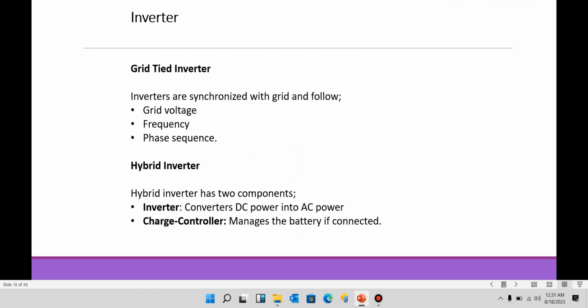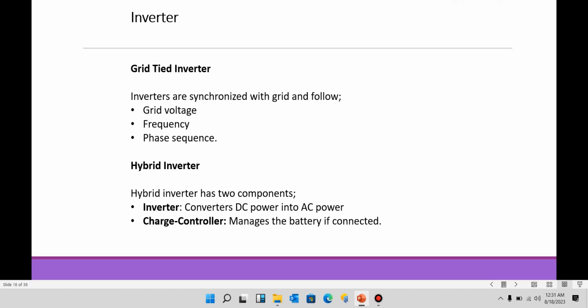Inverter, the very main component of the solar system, is the inverter. An inverter is a component which converts the DC current into AC current, which is used to serve the load and our daily usage. There are two types of inverters: grid-tied inverters or on-grid inverters. In this type of inverter, the inverters are synced with the grid and follow the grid voltage, frequency, and phase sequence.